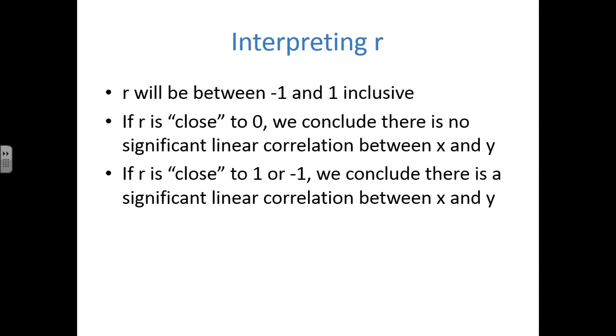And if r is equal to -1, we say that there is a perfect negative linear relationship. A negative linear relationship, if you remember from your reading that was assigned for this chapter, would mean that as x increases, y is decreasing. But how close is close enough, right?